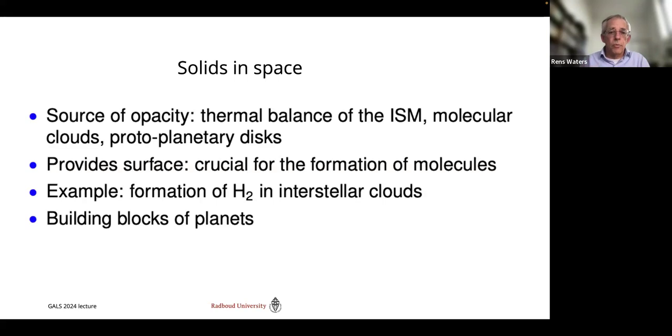An example is the formation of H2 in interstellar clouds. And then, last but not least, we know that the rocky planets, and very likely also the cores of gas giant planets, are made from solid material that enters planet-forming disks. So a lot of reasons to look at solids in space.